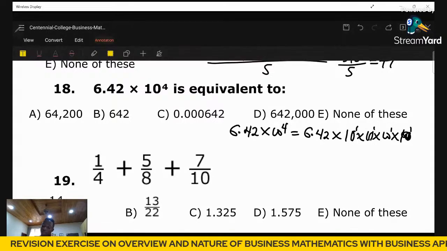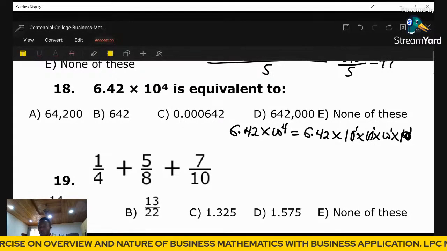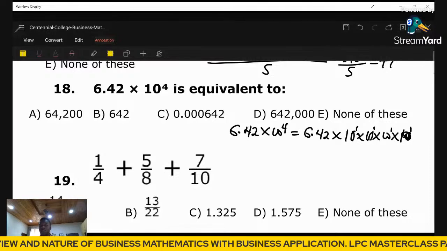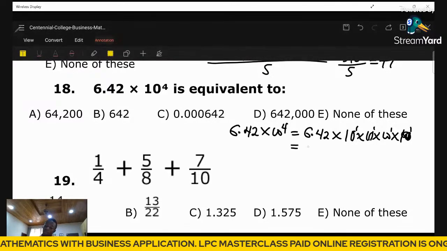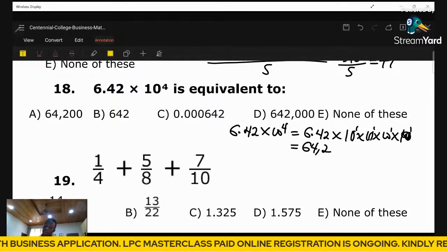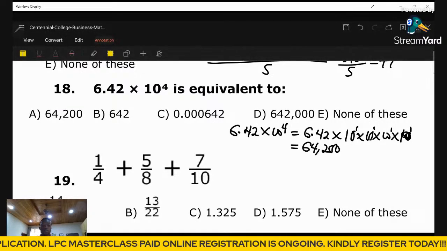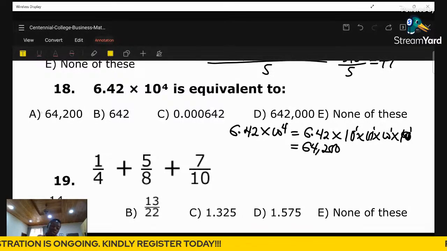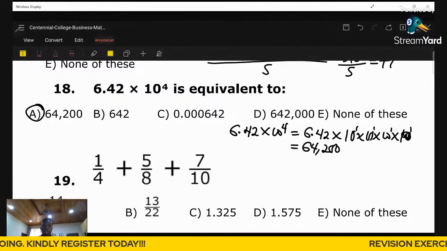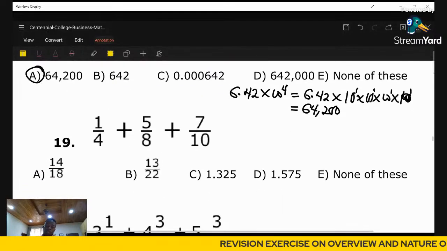That is why we were getting 10 to the power of 4. So 6.42 multiplied by 10 in groups of 4. When you do that with your calculator, you should get 64,200. Somebody can confirm for me so that we see if that is actually true. In my case, I had 64,200, and that goes for option A.